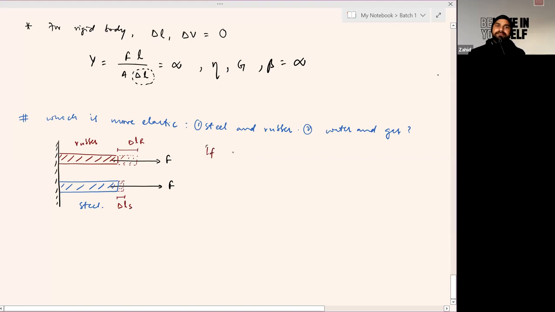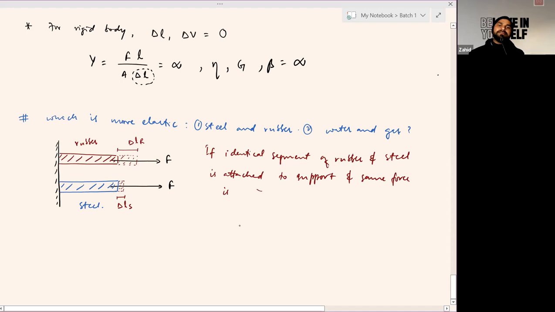So if identical segments of rubber and steel are attached to a support and the same force is applied, then deformation in rubber will be greater as compared to steel.